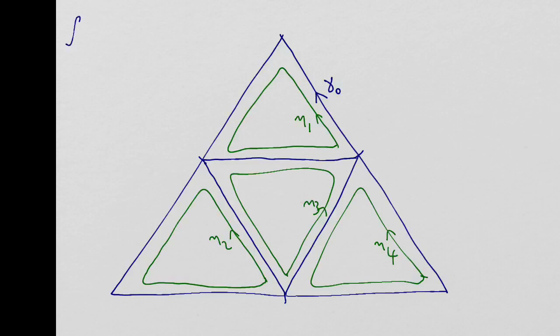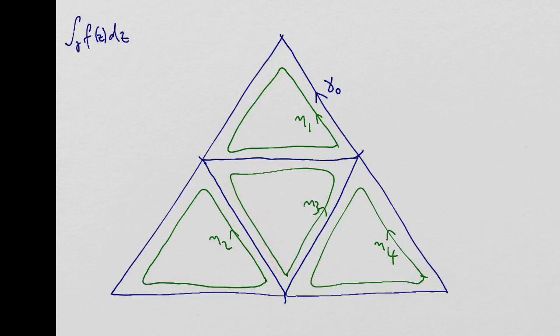Now I want to work out the integral of my function around gamma, or gamma 0. But if you look at these internal lines here, you can see triangle eta 1 is going to the right and triangle eta 3 is going to the left. So the contributions from these integrals are going to cancel out.